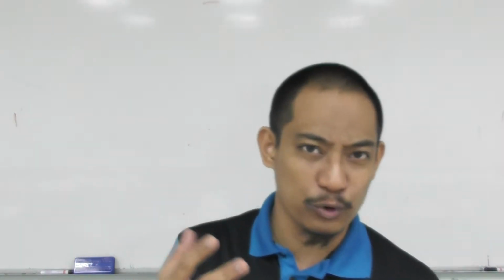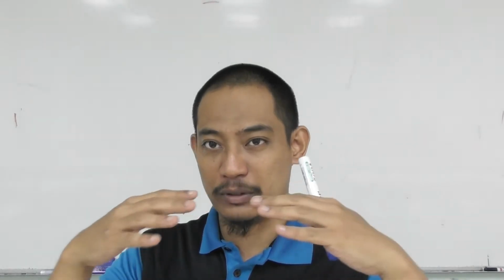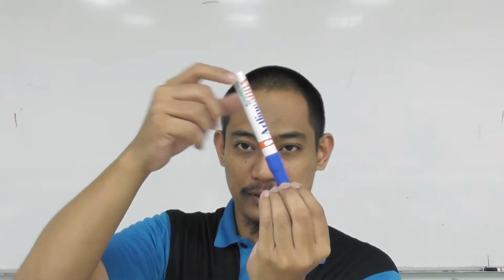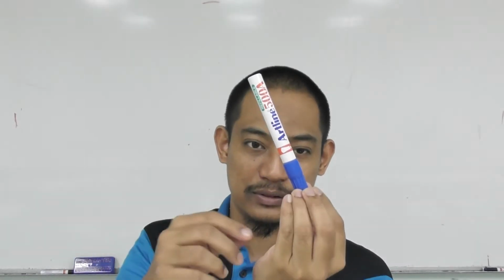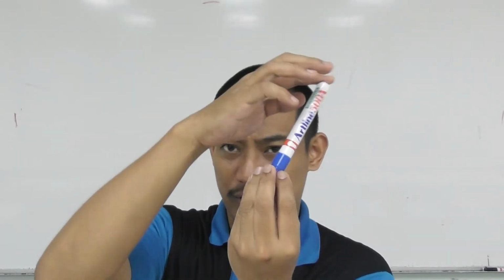This is quite an old example, but hopefully you have still seen something like this. For example, a souvenir pad where you have some paper and a pen, and the pen is attached to the pad, where you can rotate the pen.